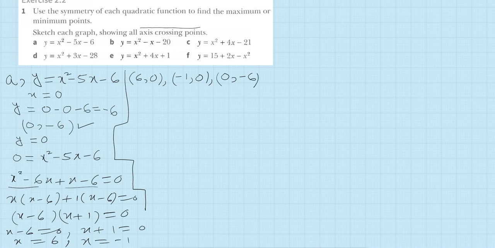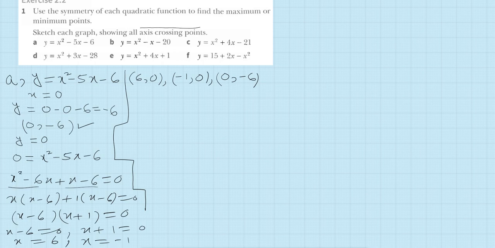So students, in each and every question, in each and every part, first we have to find the axis crossing points. Axis crossing points means the points where the curve passes through the x-axis and y-axis. So in each and every part, you will always find three coordinates, just like we found in part A: (6, 0), (minus 1, 0) and (0, minus 6).